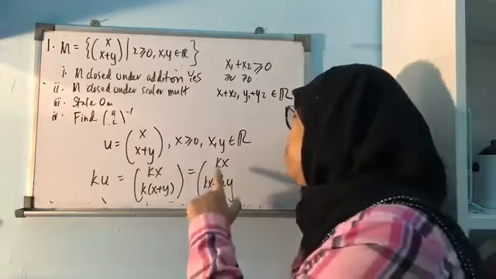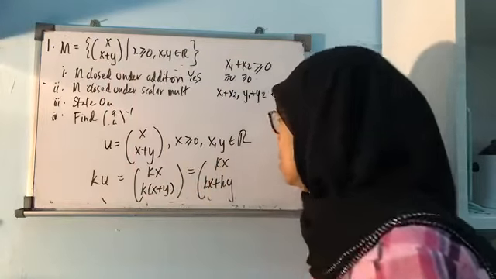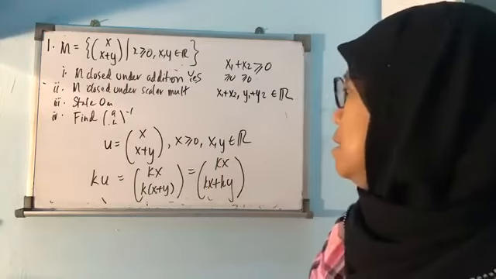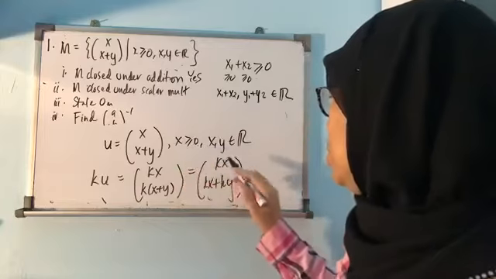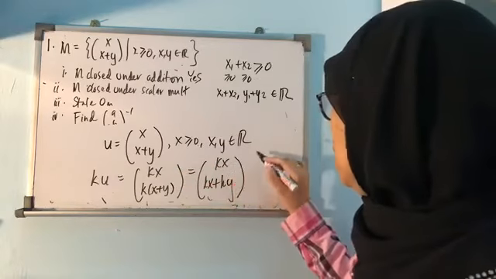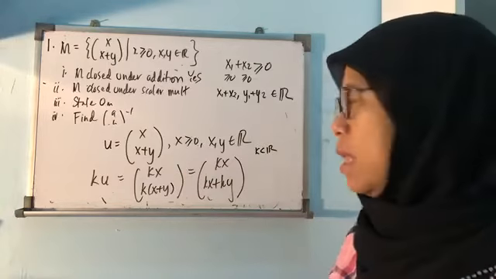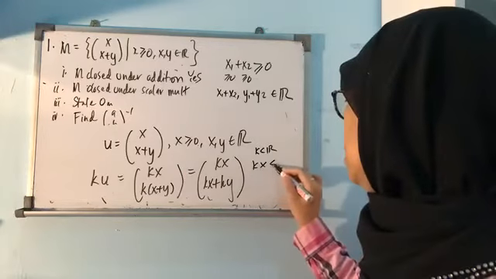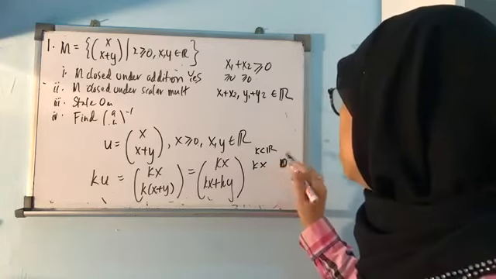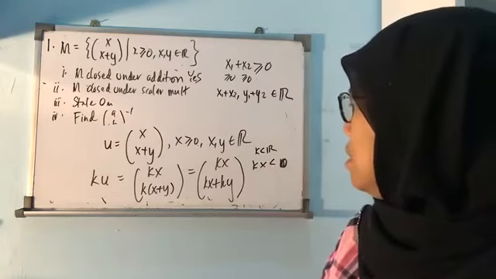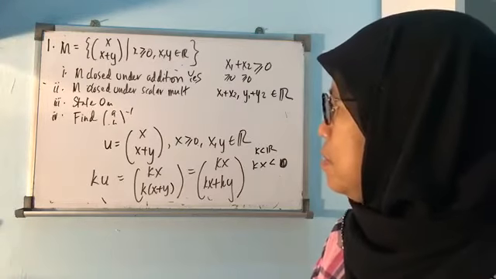So this is in the form of x, x plus y. This is okay. But when x is bigger or equal to 0, kx might not be if k is negative. kx will be negative. Okay. We have a problem here.